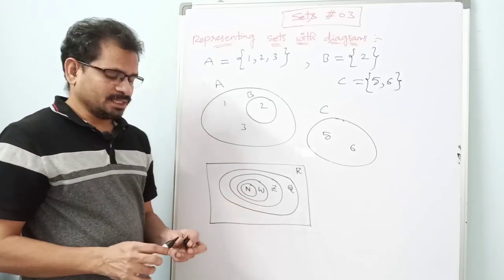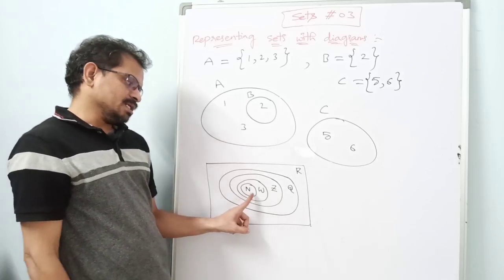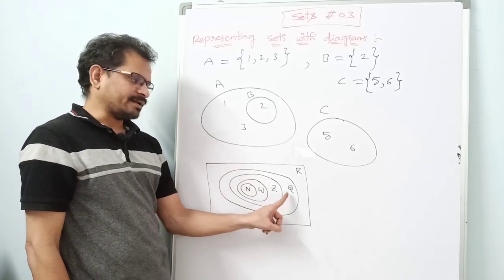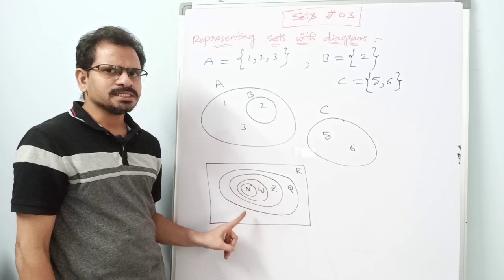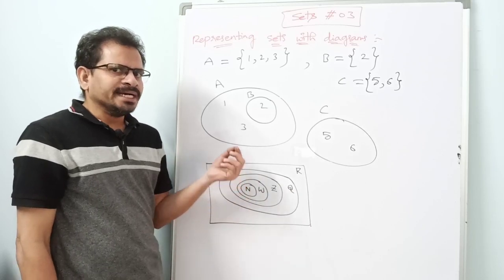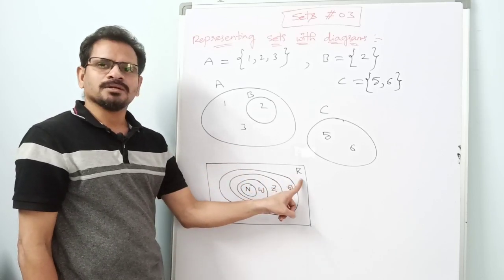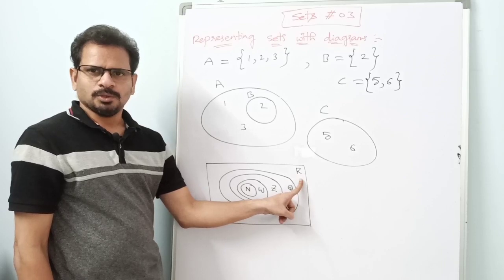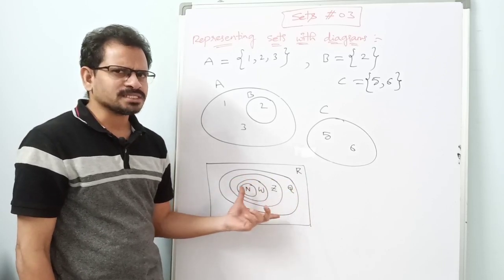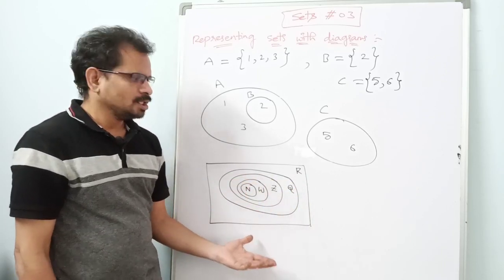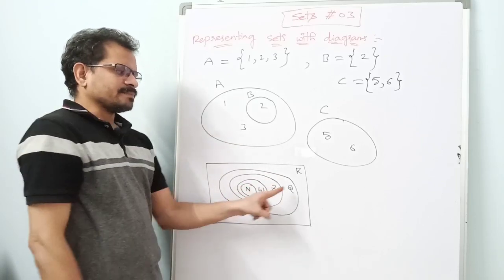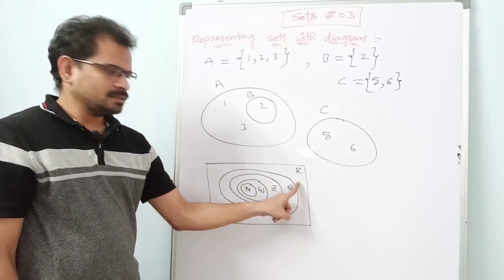Like this. See now here, natural numbers, whole numbers, integers and rational numbers, all these are related sets of real numbers or not? Yes. Those related sets are called subsets.